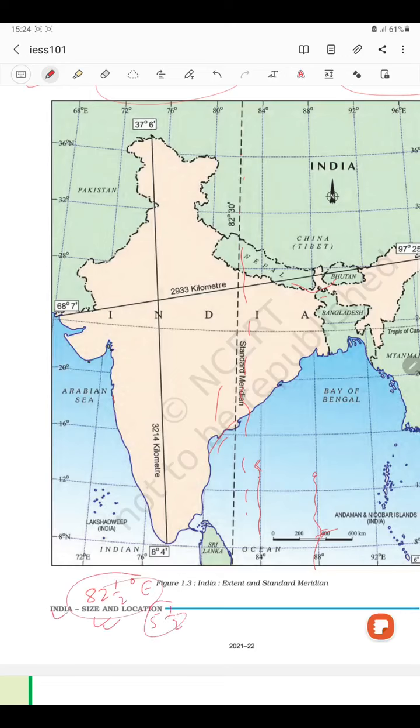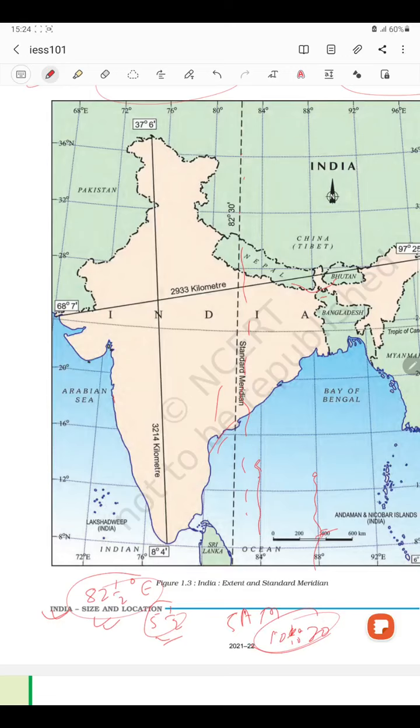If you calculate, you will find that it is 5.5 hours ahead of the prime meridian. So if in Britain it is 5 o'clock a.m., then in India it will be 10:30 a.m. So India is 5.5 hours ahead.